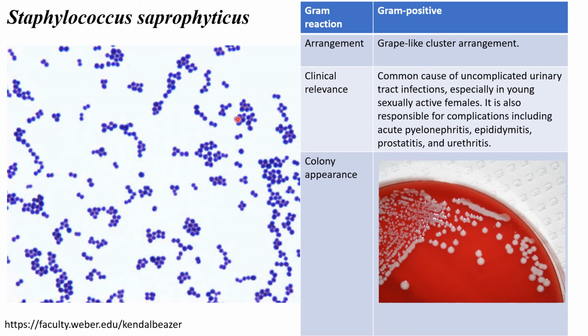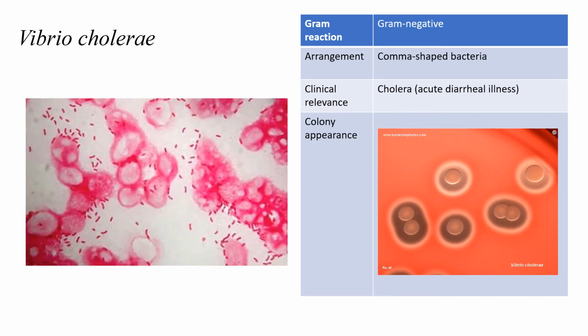So if you are sexually active, female as well as male, and you develop some inflammation in your urethra, for male, of course, epididymis inflammation or prostate inflammation, and it's bacterial, maybe it's caused by Staphylococcus saprophyticus. Okay, so this is the appearance on blood agar. It's not hemolytic bacteria.